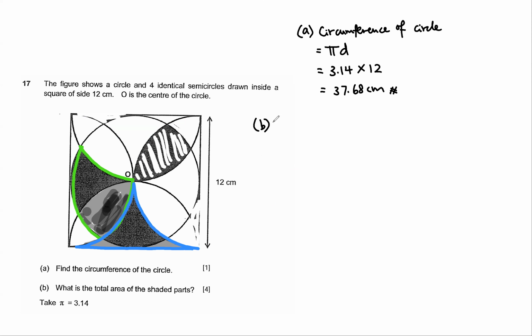So for part B, total area of the shaded parts. So that's going to be the area of our shark's fin. Let me try and draw it. Plus the area of the water fountain.